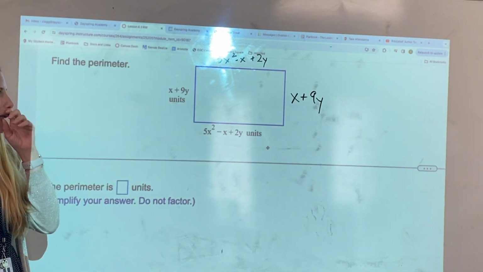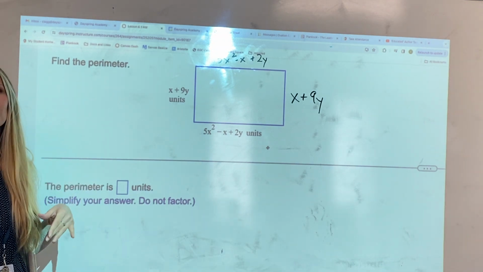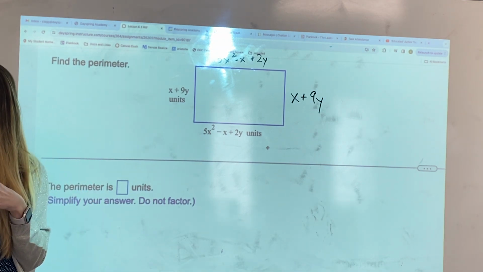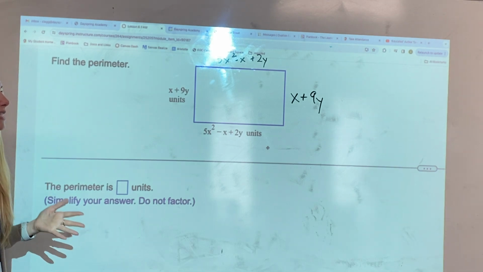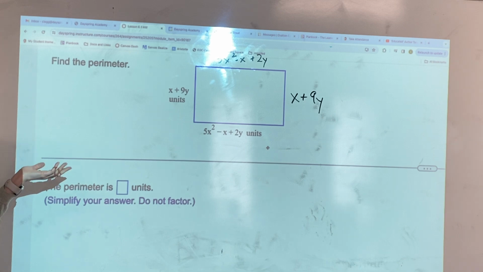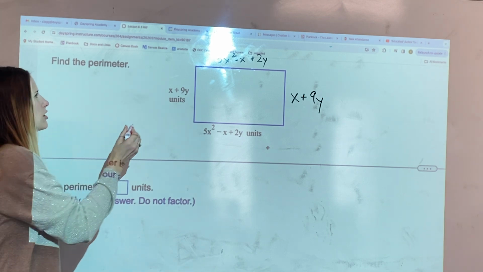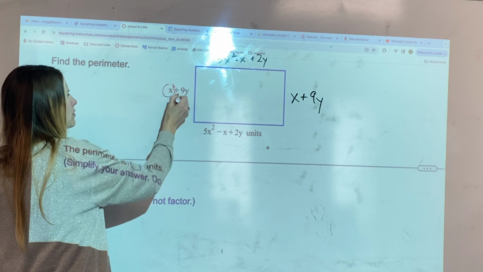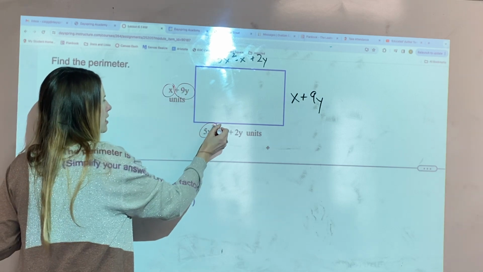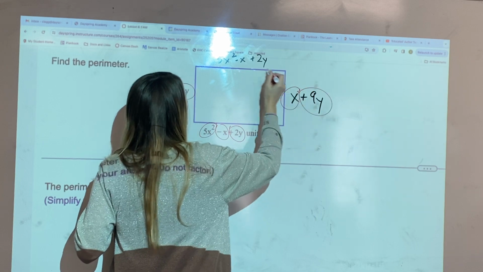Now, you can do it either by circling your terms with their signs and combining all of your like terms, or you can set it up vertically. I'm gonna go ahead and circle terms with their signs. I think setting it up vertically would be intense.